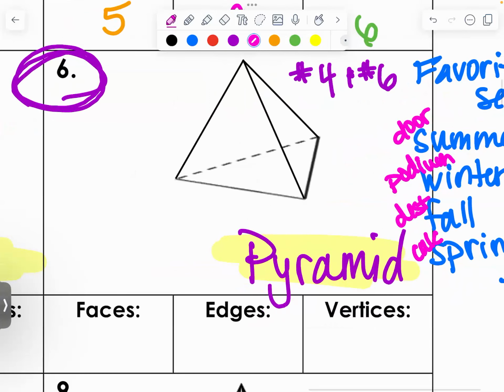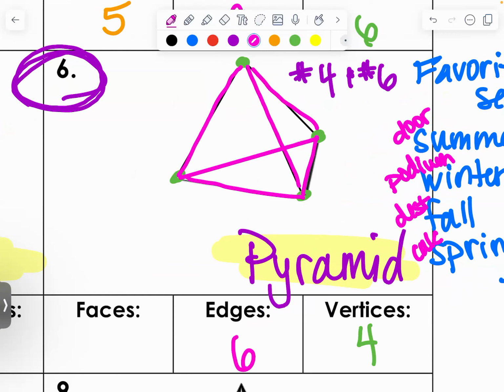I'm at number 6, so we're gonna start at number 6. Kaylee, how many vertices do we have? 4 vertices. Kaylee, how about edges? 6 edges sounds better.